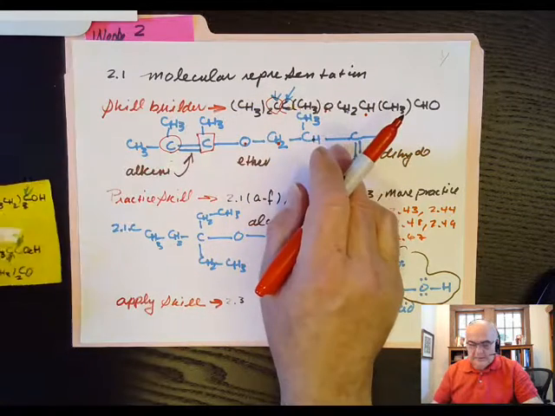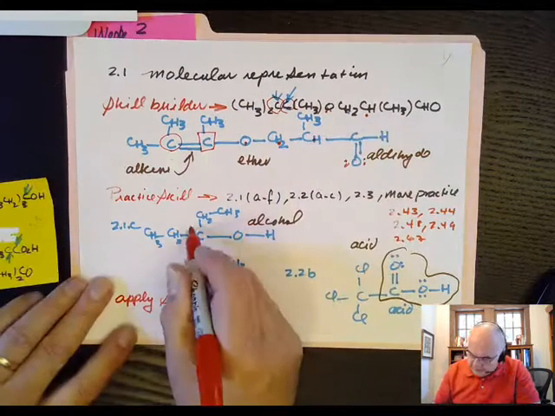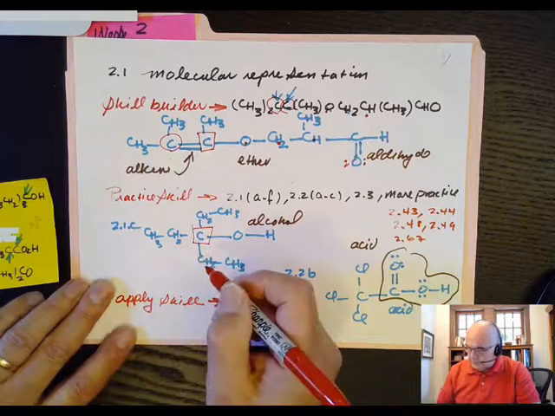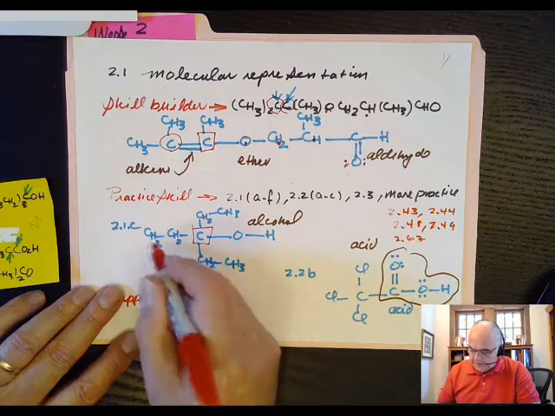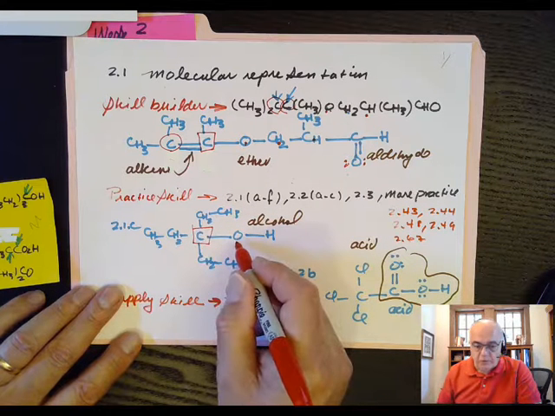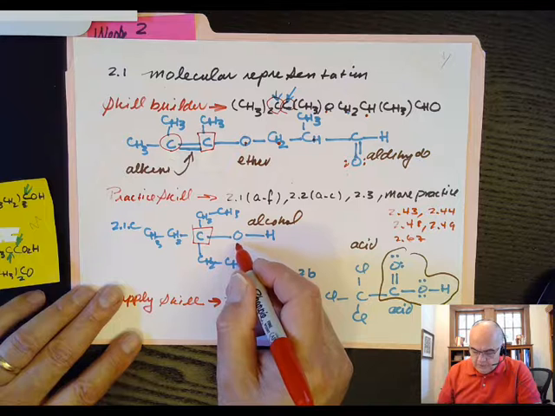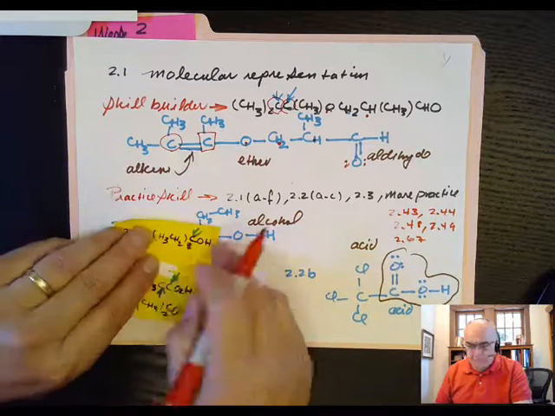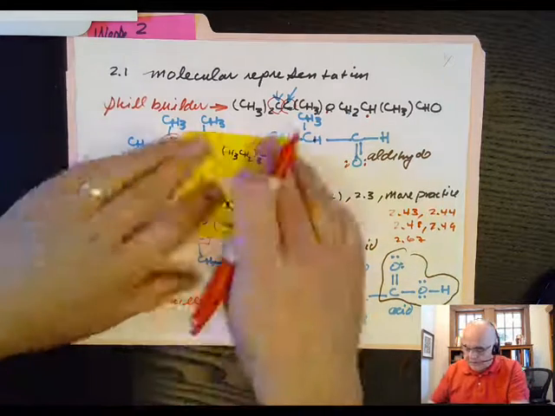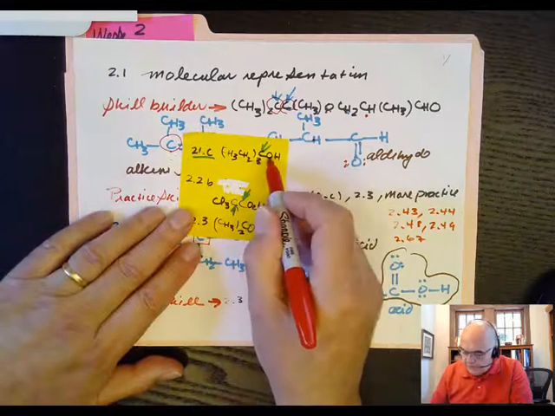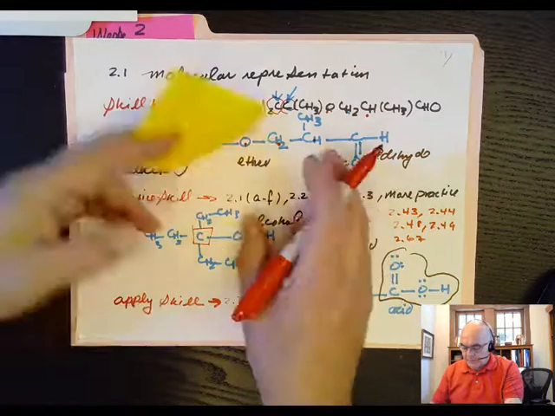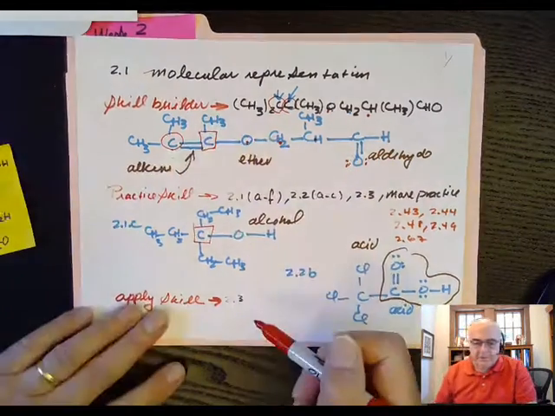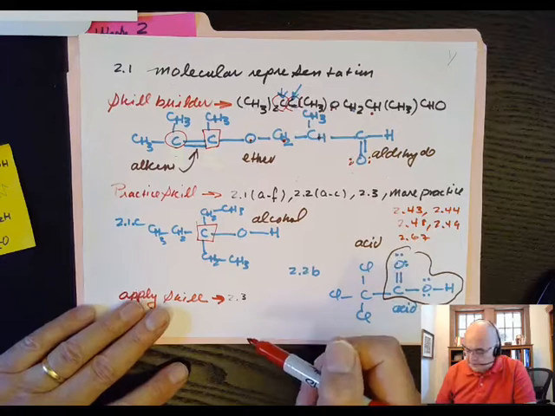If I look at that carbon, it has three CH2CH3 and one O. So the O has to have the H. If you look at my post-it note again, this O has to have the H. The H can only have one bond. So this would be the structure, which we're going to learn as an alcohol.